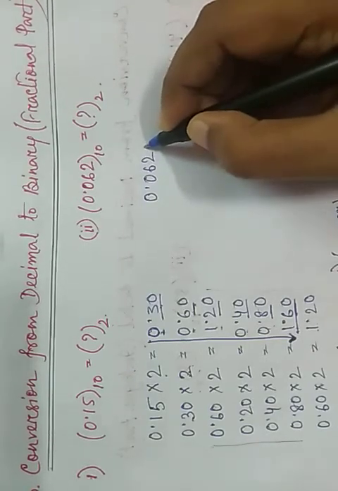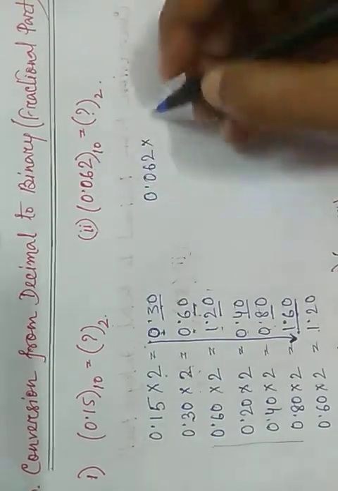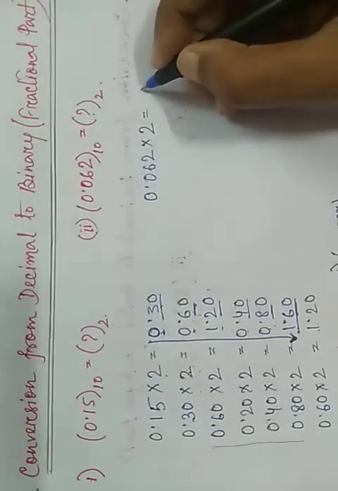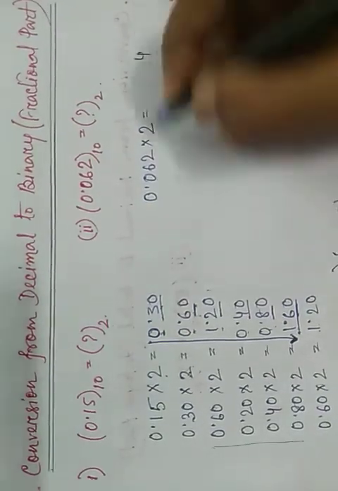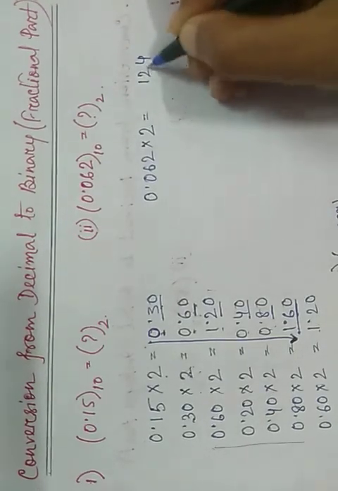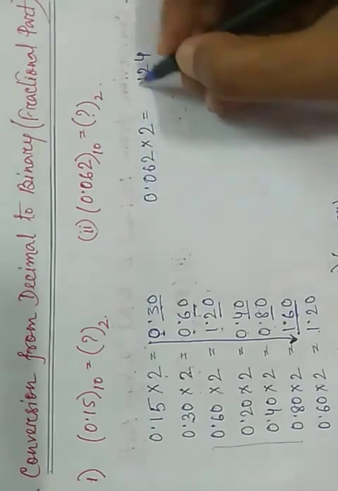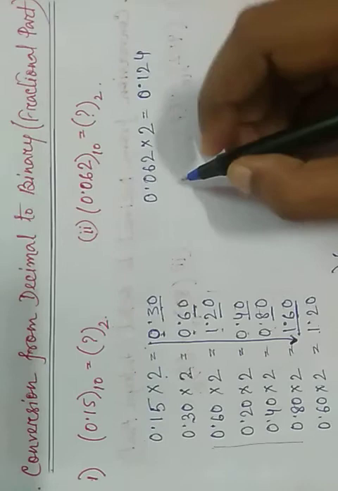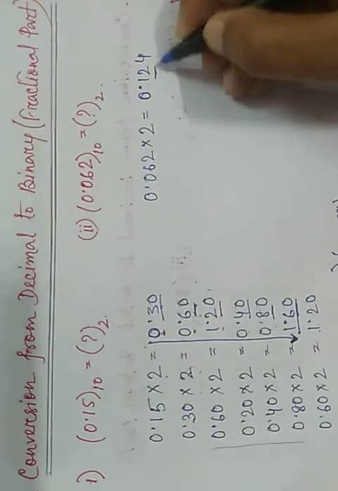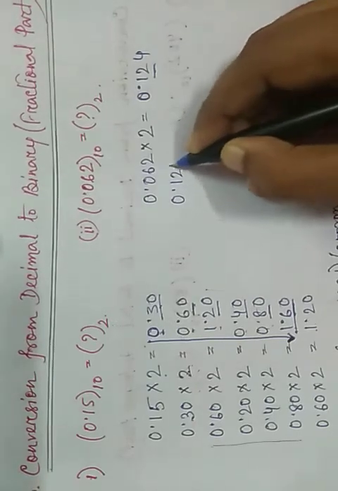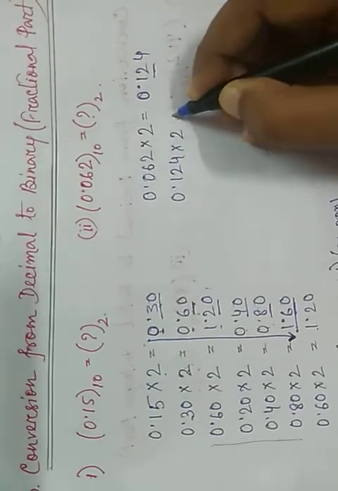0.062, we have to multiply it by 2. So here it will be 2 sixes are 12, the point is after 3 digits. Left side integer part is 0. Now take these fractional parts, that is 0.124 into 2.